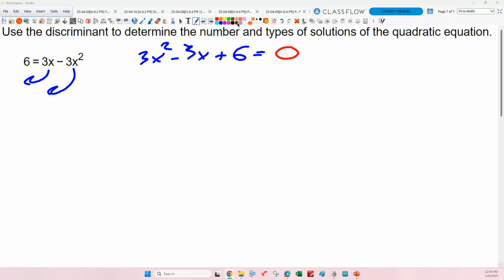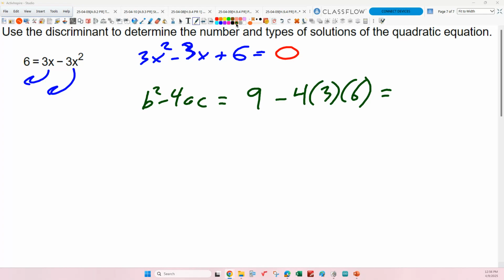Okay, so my discriminant, that's a 3, by the way. So my discriminant then equals what? What am I squaring? So I square positive 3, right? So that's going to give me 9 minus 4 times.